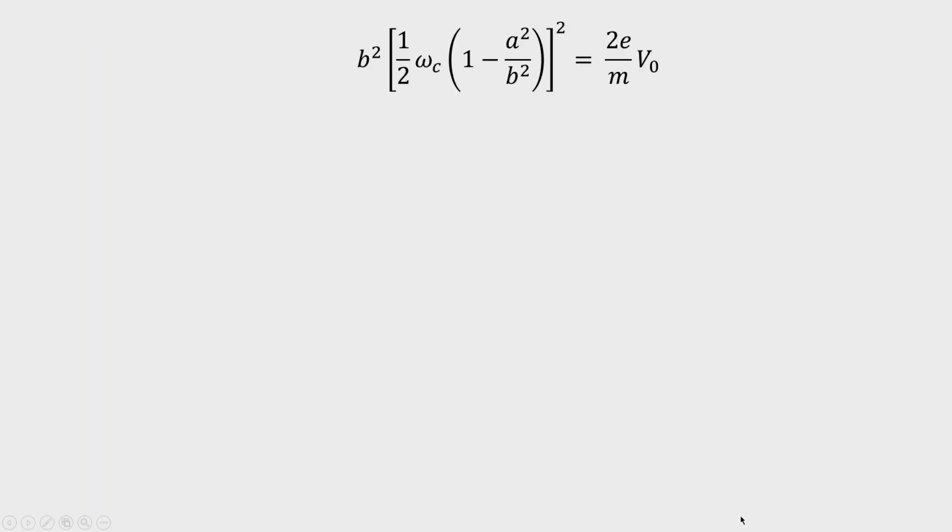Once we make this substitution, we get b square times half omega c times 1 minus s square by b square, whole square, is equal to 2E by m V naught. So, this equation is the Hall cutoff magnetic equation.